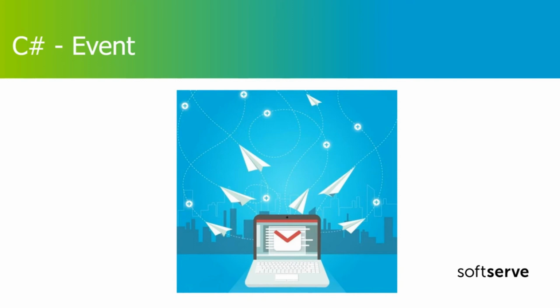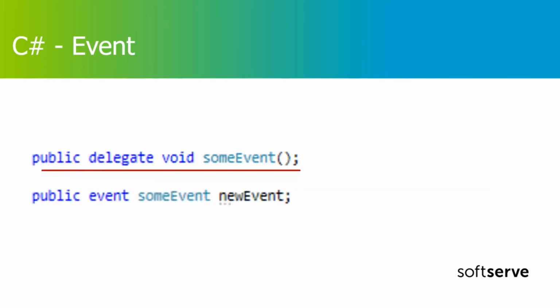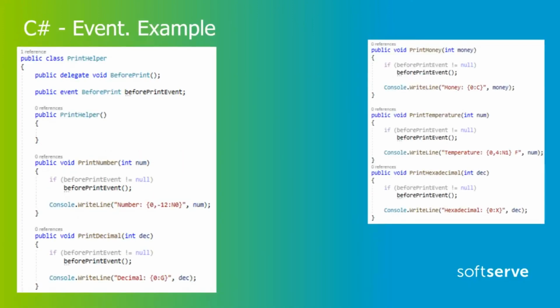An event is nothing but an encapsulated delegate. You can declare a delegate to be announced now. To declare an event, use the keyword event before the declaration of a variable of the delegate type. Thus, the delegate becomes an event with the help of the event keyword.